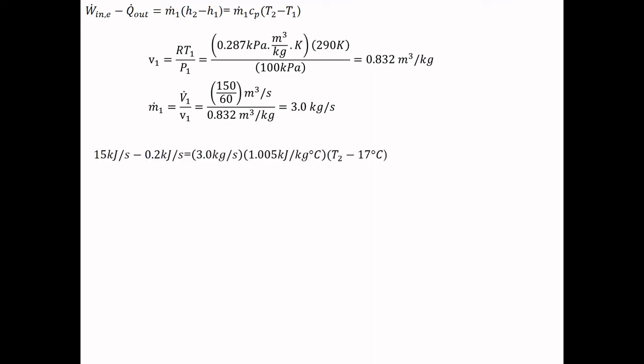Then substitute all the values we have into the energy balance equation: W in dot minus Q out dot equal to M1 dot multiplied by Cp multiplied by T2 minus T1. The Cp value for air is 1.005 kJ per kg degree Celsius. Substituting all the values, we get T2 equal to 21.9 degrees Celsius.